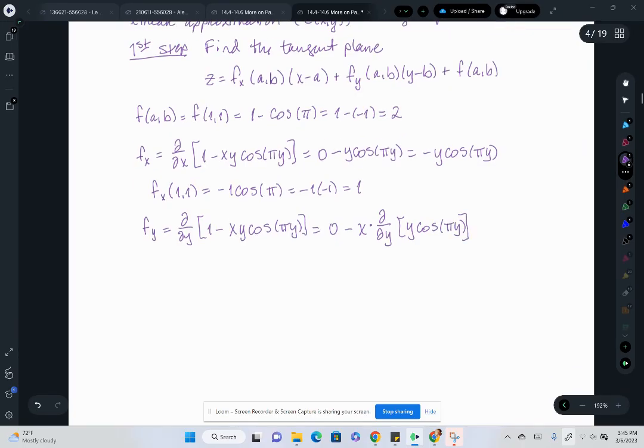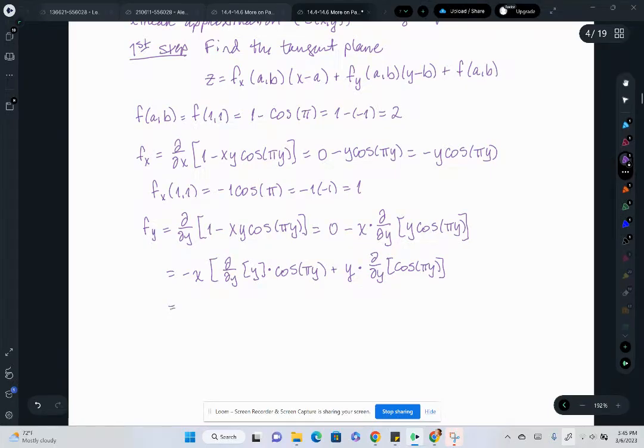So now I can really focus on those functions of y, and the x isn't in my way. So this is equal to negative x times, and I'm going to do my product rule, del y of y times cosine of pi y plus y times del y of cosine of pi y.